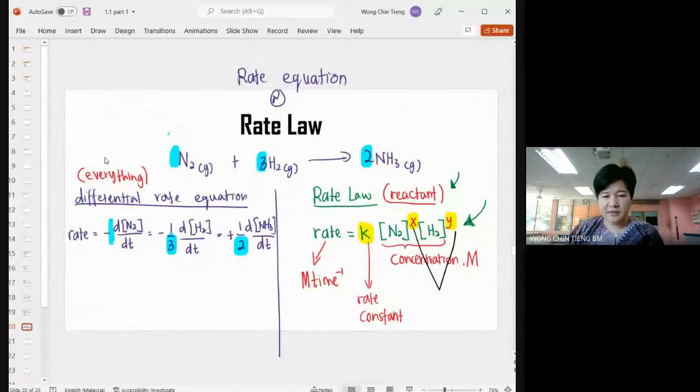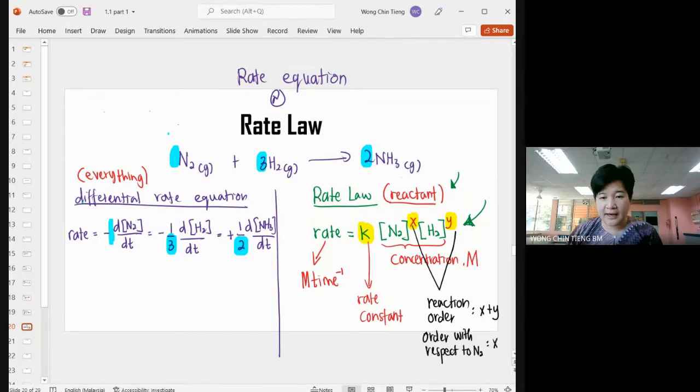Okay. Kalau kamu kata reaction order tadi, untuk teacher, reaction order adalah X tambah Y. Okay. X tu apa? X adalah order with respect to N2.